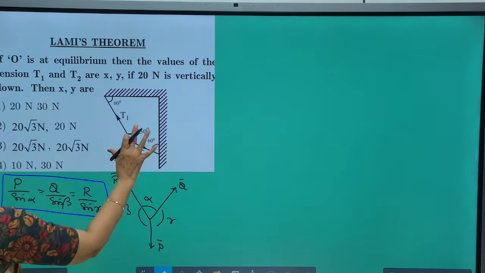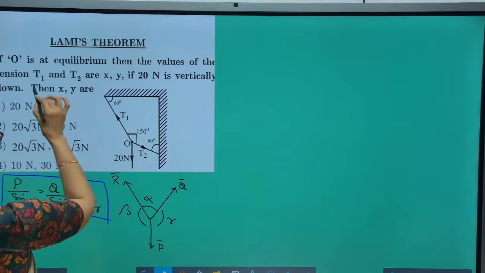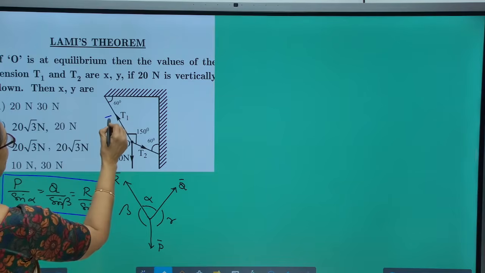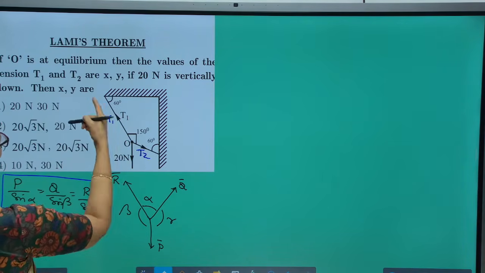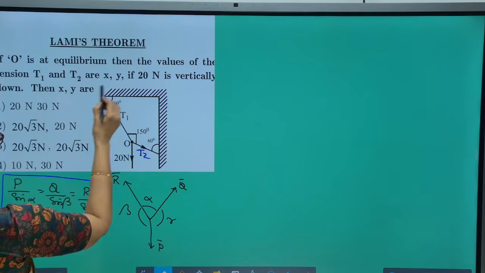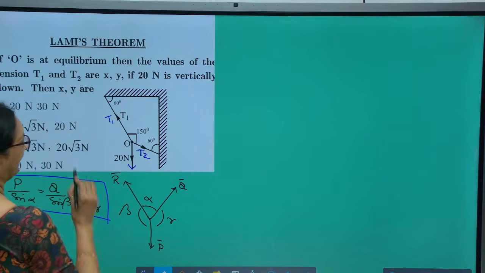Look here. In this problem, O is at equilibrium, and the tensions are given as T1 and T2. You are supposed to find T1 and T2 if 20 Newton is acting vertically in the downward direction.